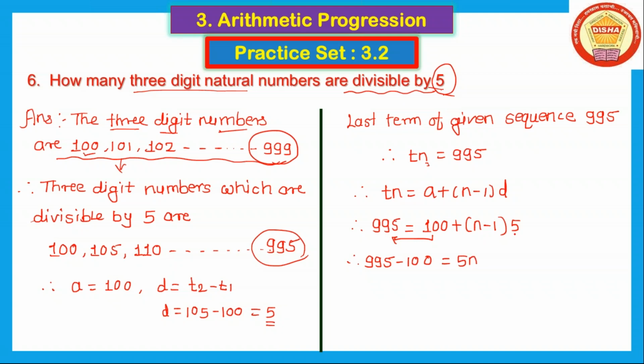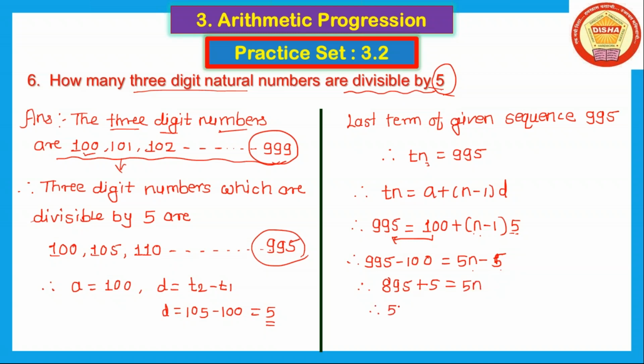We are multiplying by 5 to this bracket, 5 into n, 5n, minus 5 ones are 5. Then we are taking subtraction. The subtraction is equal to 895. We take this 5 here again, it becomes plus 5 is equal to 5n.